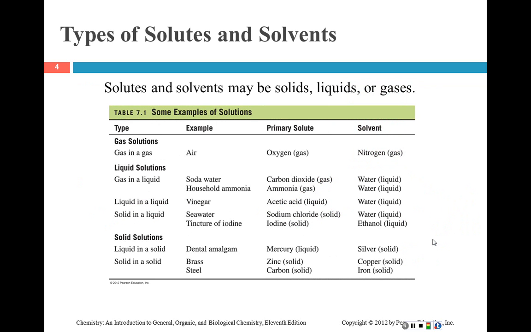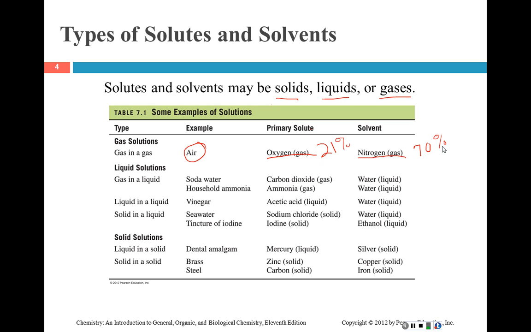As I said, the solutes and solvents can be solids, liquids, or gases. A gas solution such as air has oxygen as the solute, and the solvent is nitrogen, because nitrogen is what we have most of, like 70-something percent, and about 21% oxygen.